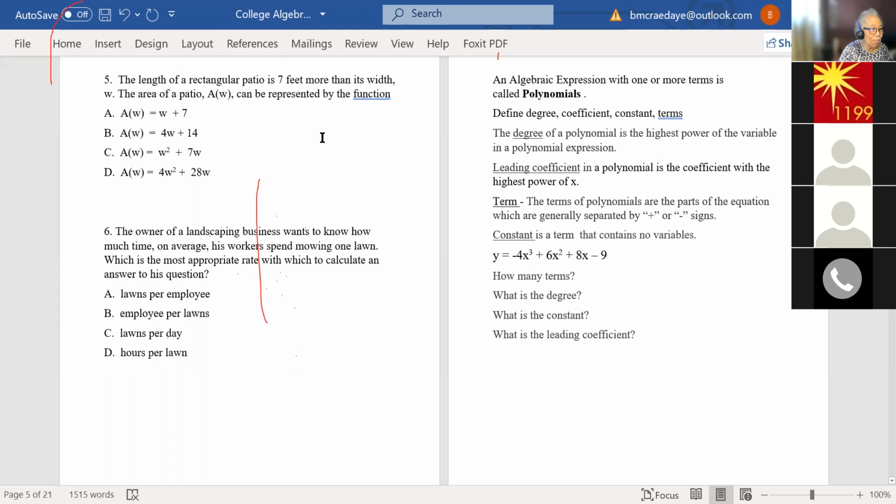So solve number 5 and number 6, and then we'll go through it. You can read through these terms on the right about algebraic expressions and polynomials, and we'll go through these with more examples than what I have here. Okay, so long, everybody. See you next time. Homework number 5 and number 6.